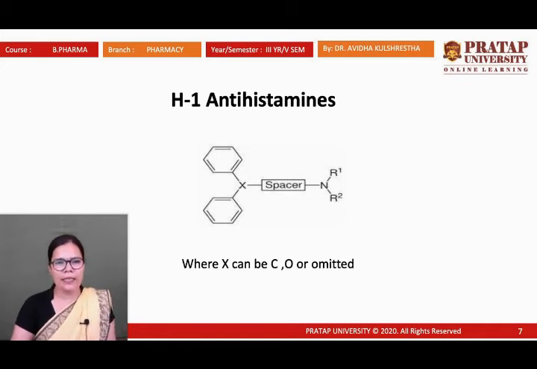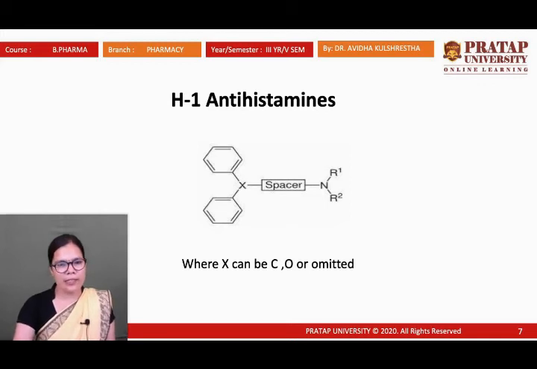Basically we will discuss the structural detail of these compounds, because pharmacology we will discuss later on. So this amino part is responsible for the specific activity, the blockage of histamine, and the phenyl rings are responsible for providing the stability of the structure.